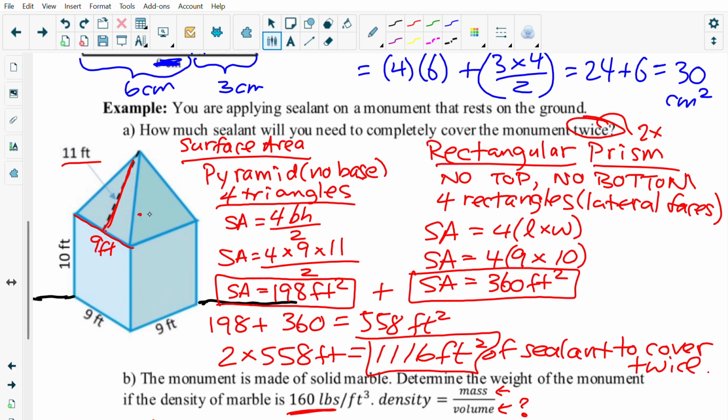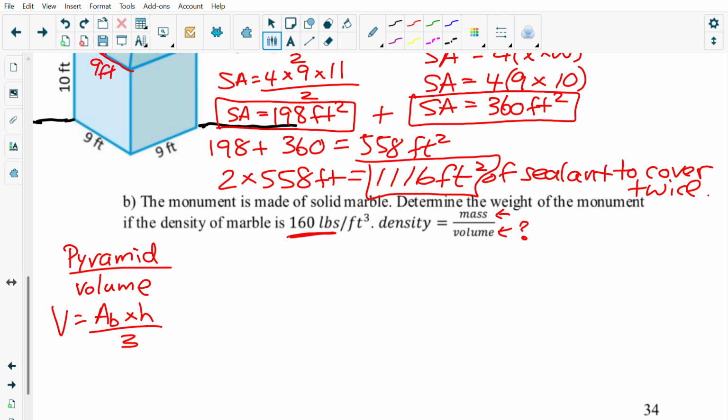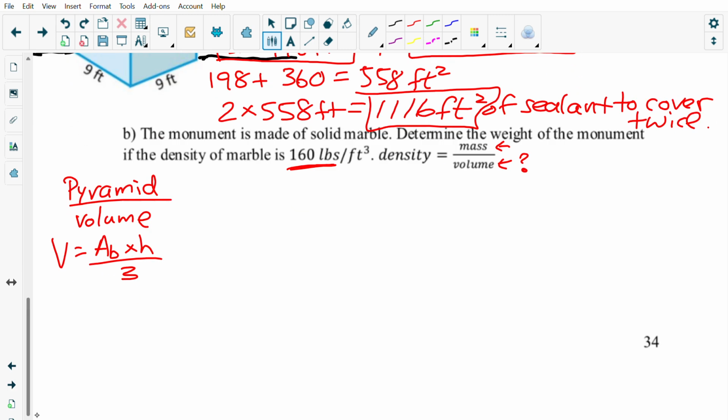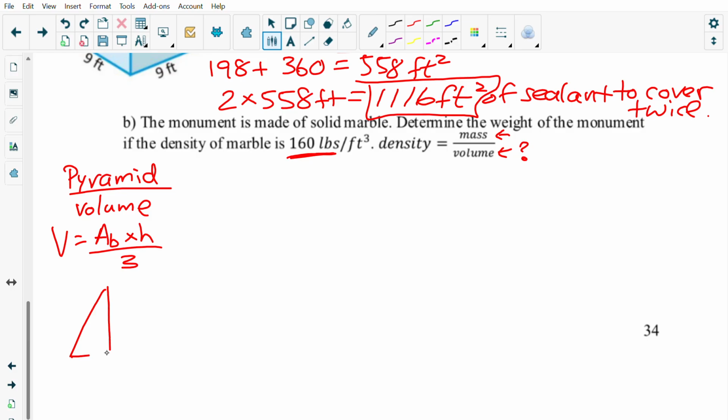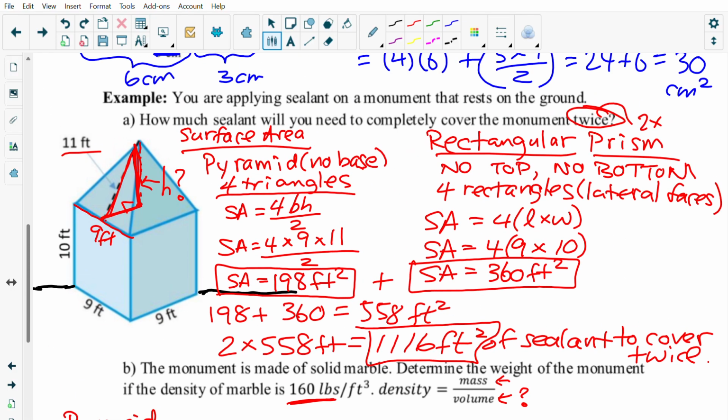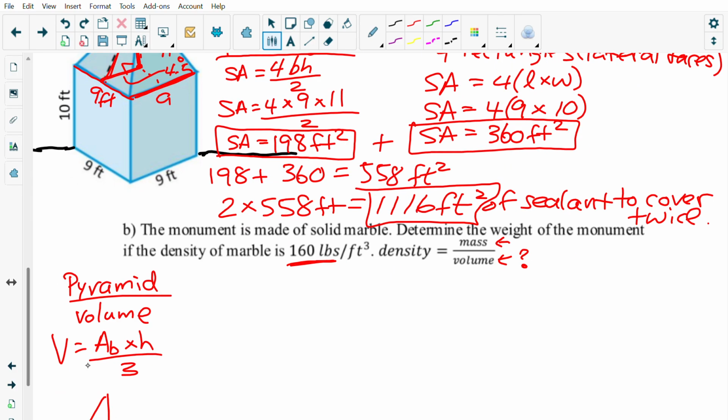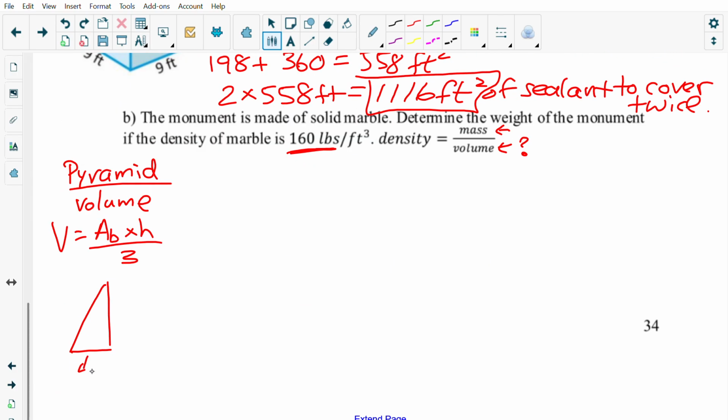So if I draw the center of the base of the pyramid, I have this right triangle right here. I need this height. What is that height right there? So I'm going to pull that away here. This is 9, so this part right here has to be 4.5.